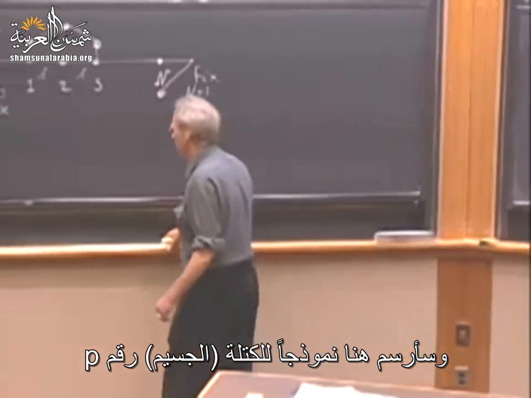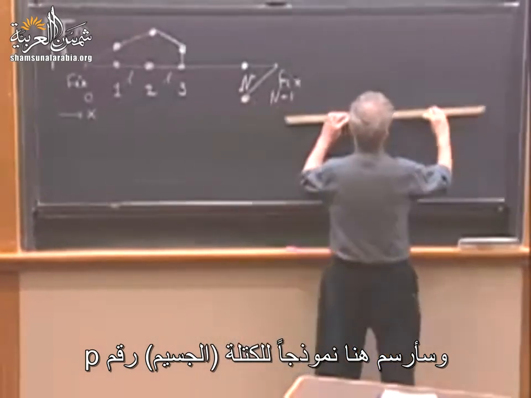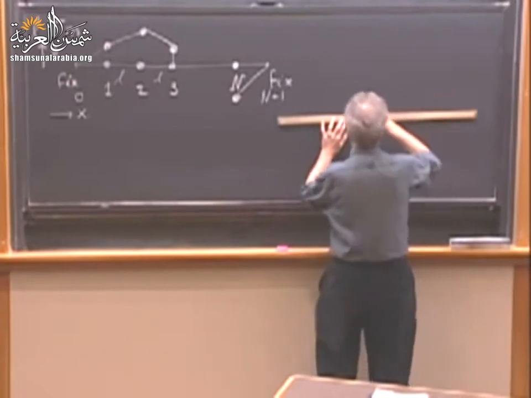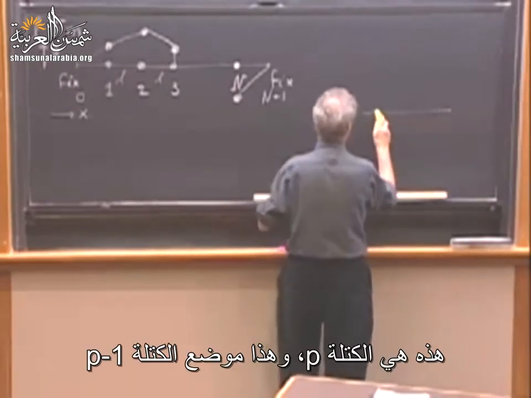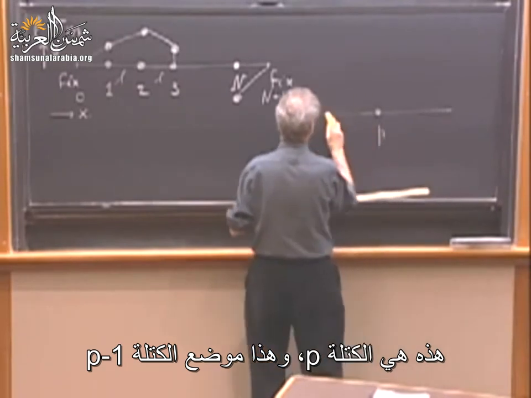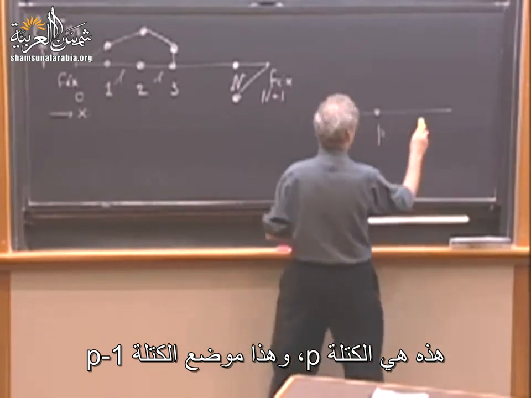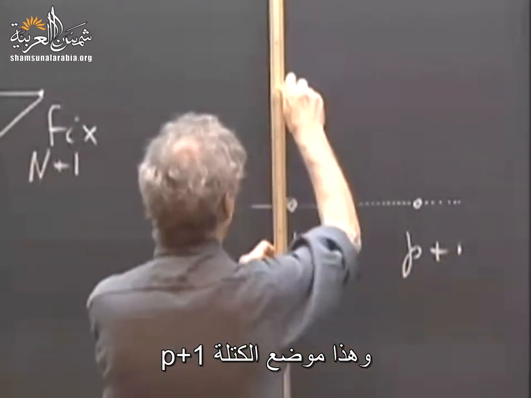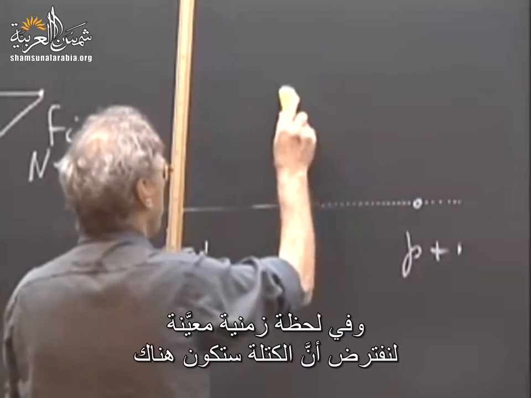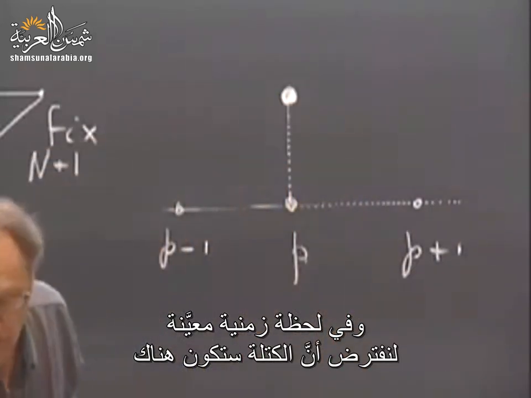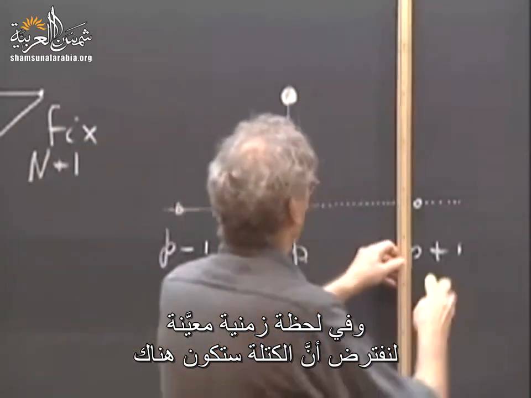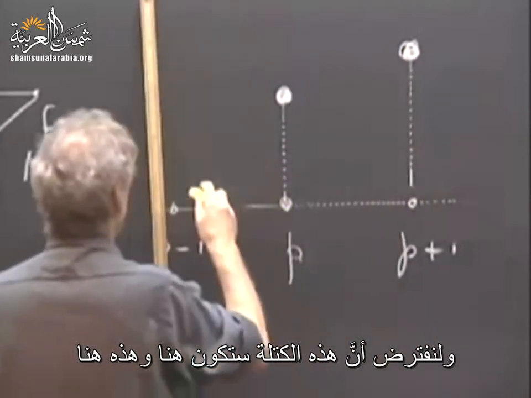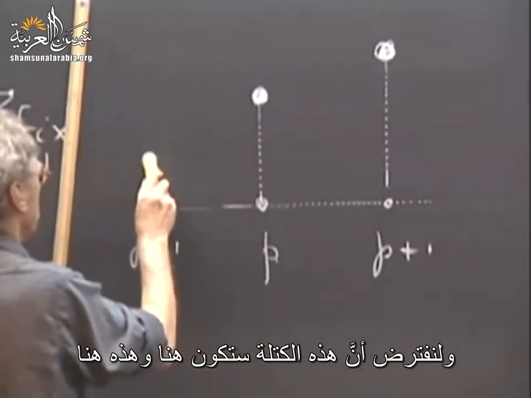And so now I'm going to make a blown up version here for particle number P. So this is particle P, and here's the location of P minus 1, and here's the location of particle P plus 1. And at a certain moment in time, let's assume that that particle is there, that little mass M, and let's assume that this one is here, and let's assume that this one is here.